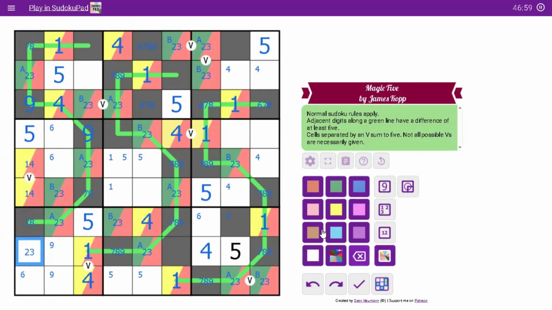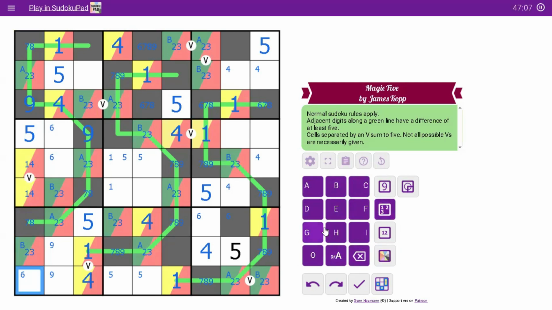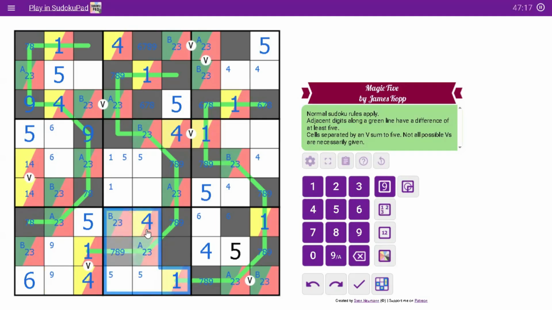That is the 2 or the 3, and it's B. So that means this is a 6 down in the corner, which is very important because that's putting a 6 in here.